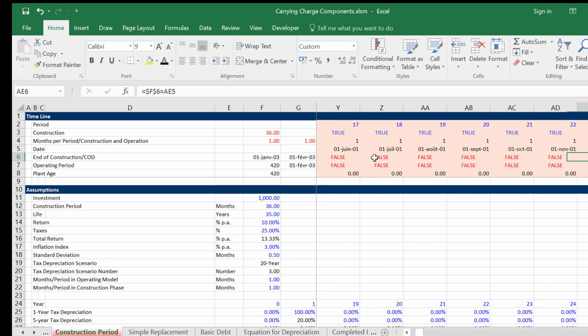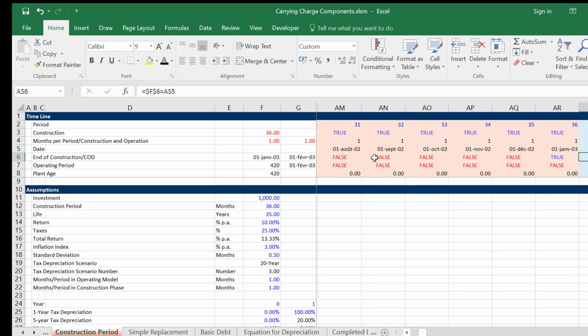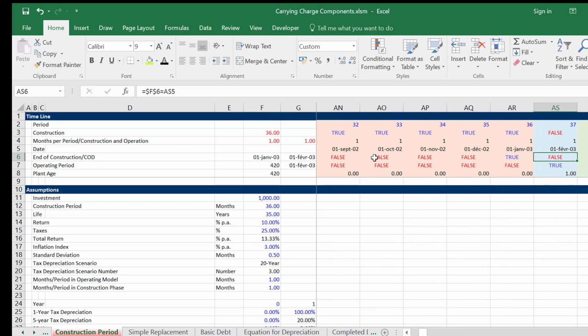And then we get kind of our construction period, 36 months. There's our operating period. And our COD period. And there's our operating period. Okay, this is crucial. Oh God, that's kind of silly to do it.